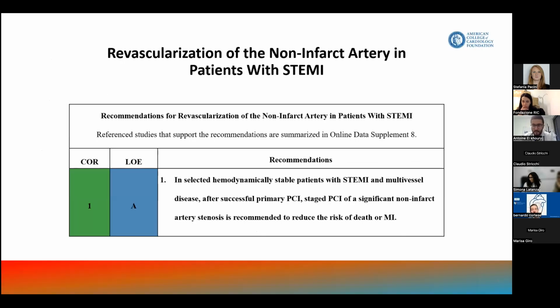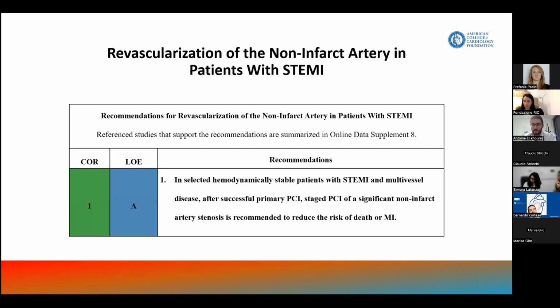Yes, Antoine, sorry to interrupt. This is a very important topic and area still in the field of developing new indications. There are still some ongoing trials on the topic because myocardial revascularization in the setting of acute coronary syndromes has reached a quite clear indication in terms of reduction in adverse events.